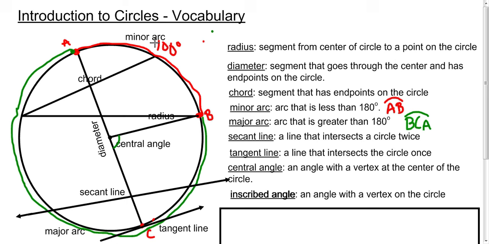It's on the circle. So this is called an inscribed angle, an angle that has a vertex that's on the circle. So it'd be right there. Those are the key vocab terms for circles when you're studying circles. Hopefully that helps clarify a few issues.